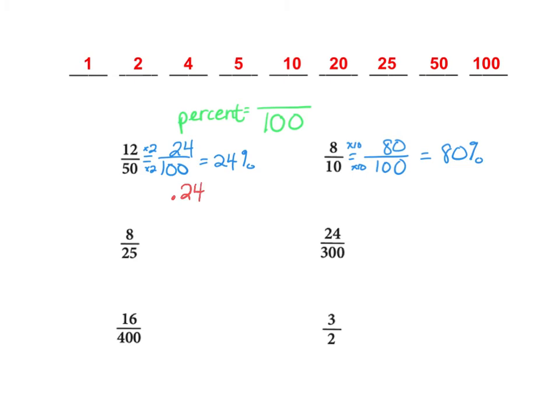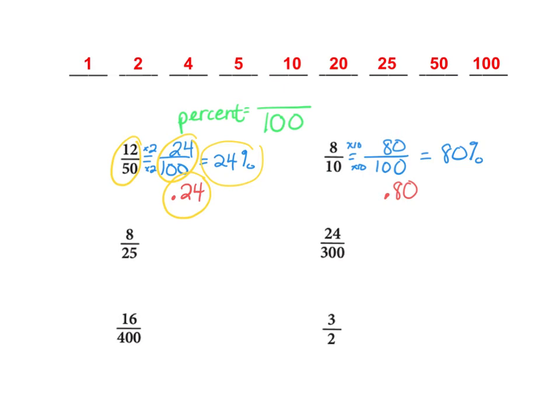So I easily went from the fraction to the equivalent fraction per 100, turned that into both a decimal and a percent. Over to my 8 out of 10, I turned it into 80 out of 100, and 80 hundredths looks like this. So I have my fraction, my decimal, and my percent all together.